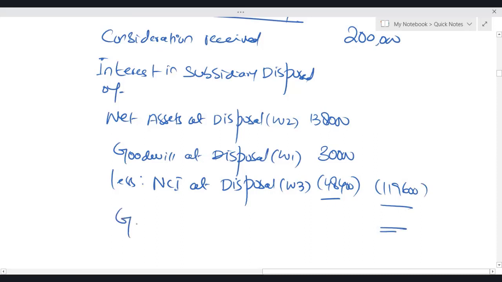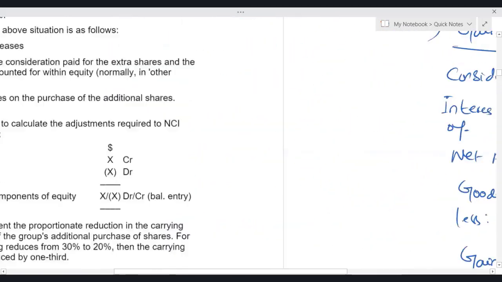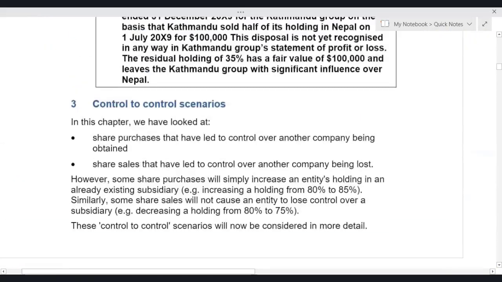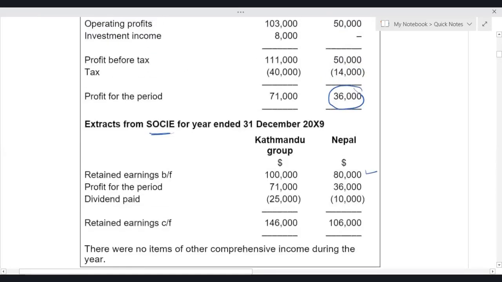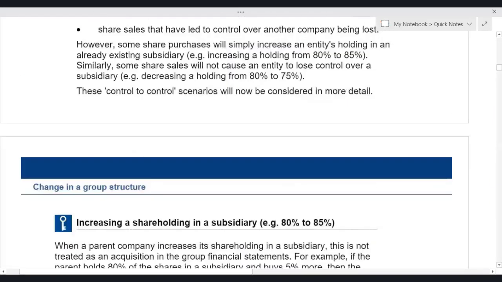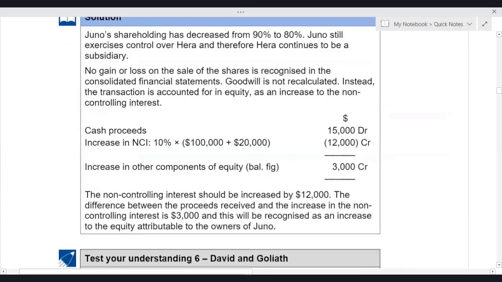So here comes the gain on disposal, which is 80,400. Gain on disposal is 80,400. I hope this calculation should not disturb us. So let me quickly share the answer of this. Test your understanding.